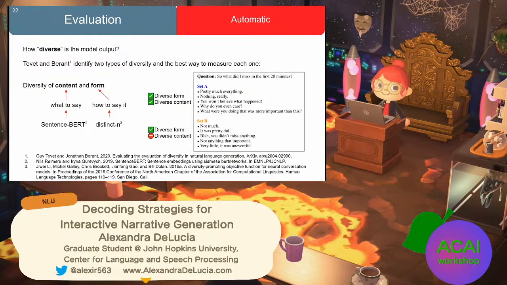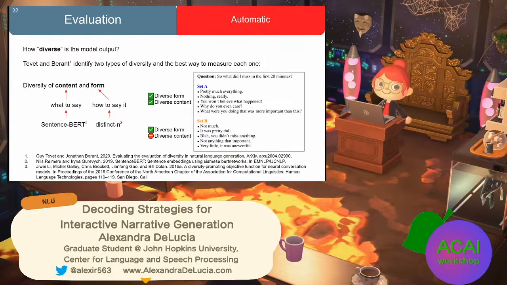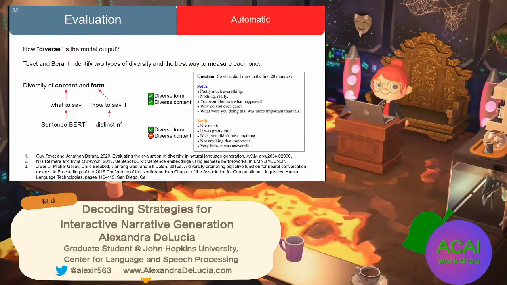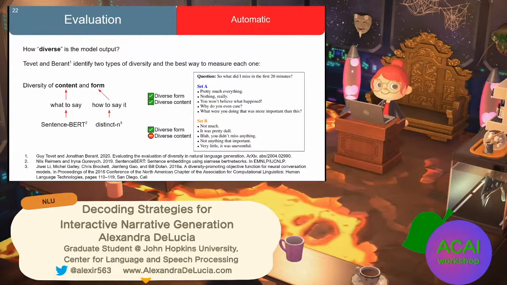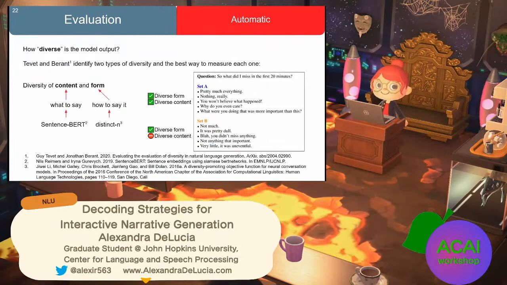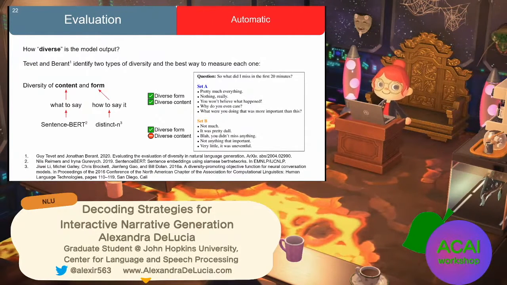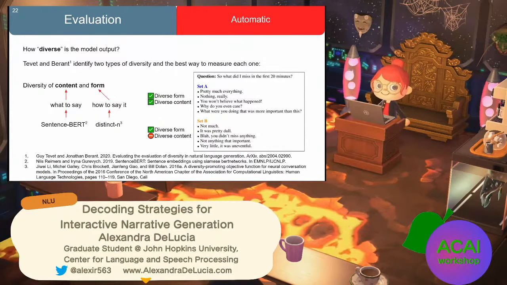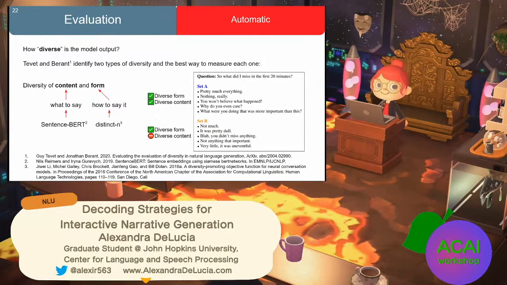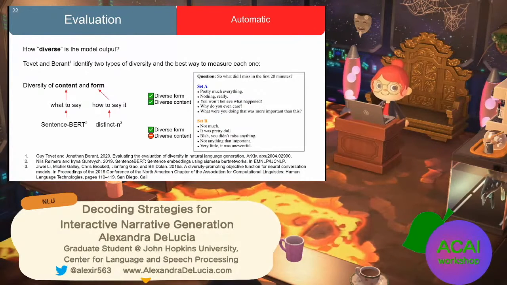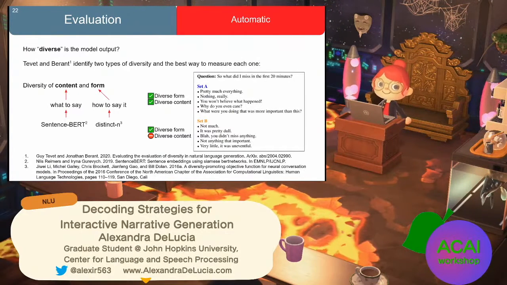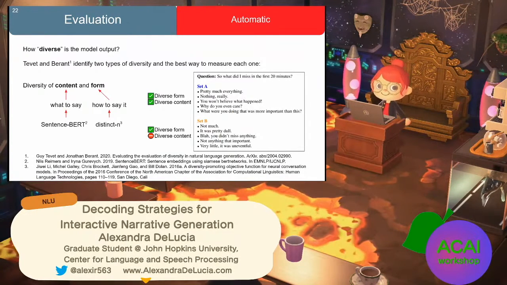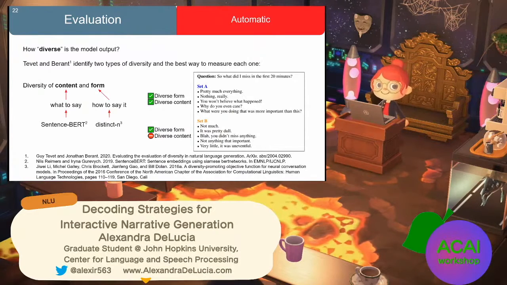So they compared different metrics to human evaluations. In this case, diversity of content, they're mostly just picking up on more semantic meaning, where they're using Sentence-BERT to create a representation of a narrative, and they see how different it is from another narrative just by using cosine distance. So that's what this automatic evaluation of diversity of content is.